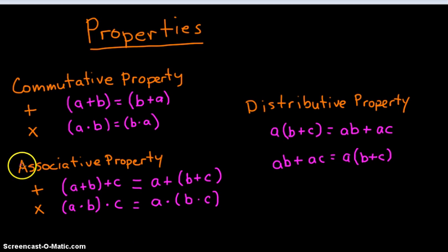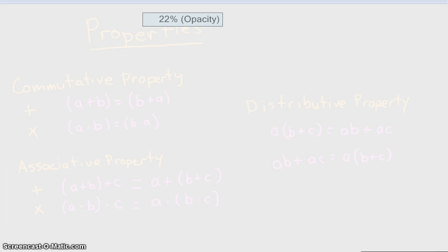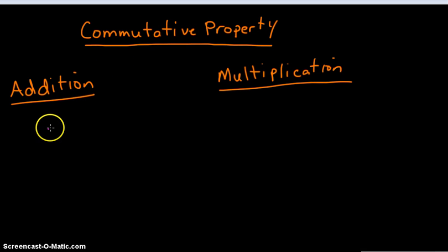Alright, so what I want to do is get into some examples, a little more clarity on what they mean and how we're going to use them, and an example on how we're going to use all of them possible together. Alright, so we have the commutative property of addition. Again, it's A plus B equals B plus A. So again, if I put numbers in, 6 plus 2 equals 2 plus 6.